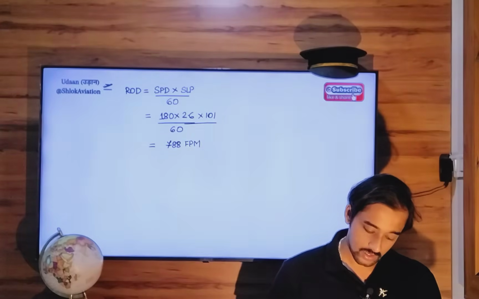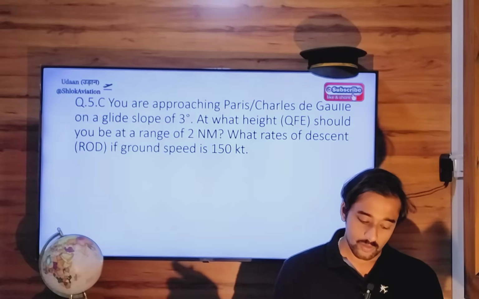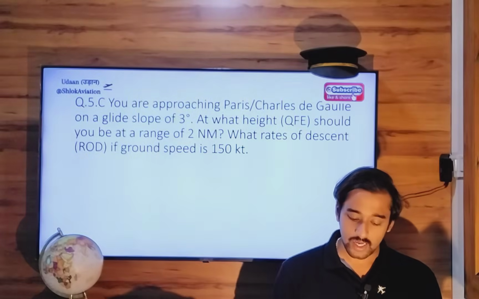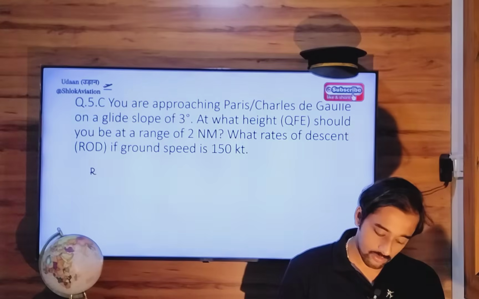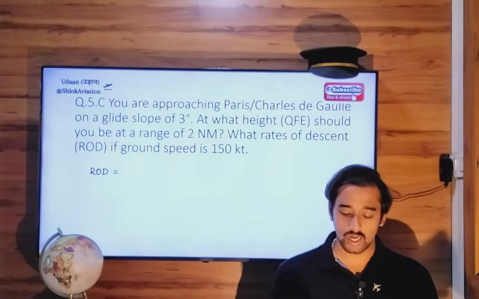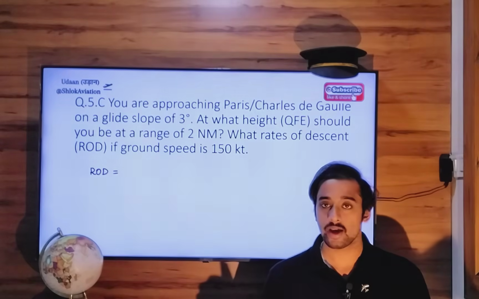Next, very simple. Next question 5, Charlie. At what height should you be at a range of 2 miles? What rate of descent? This question 5, Charlie, is similar to question 4 in terms of finding the height of the aircraft.